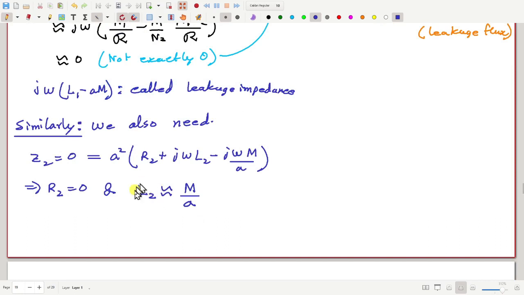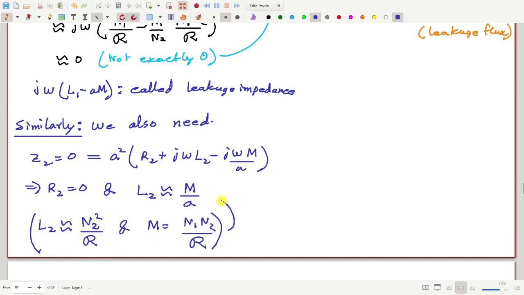Is it true? We know that L2 is approximately equal to N2 square by core reluctance, and M is N1 N2 by core reluctance, and a is N1 by N2. If I use these two approximate equations, this will happen.